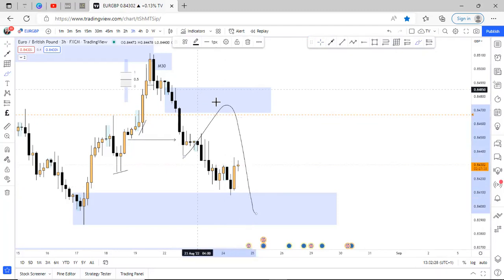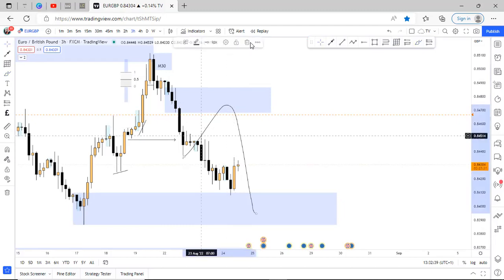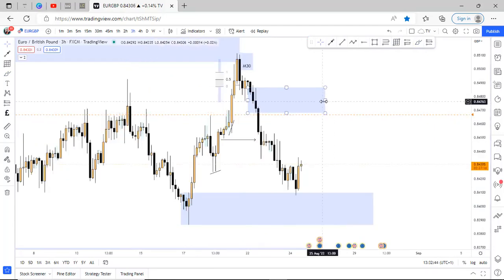I was looking to add more position at this point, but as you can see, price didn't return before hitting this demand level. But I still have my alert set at this level.